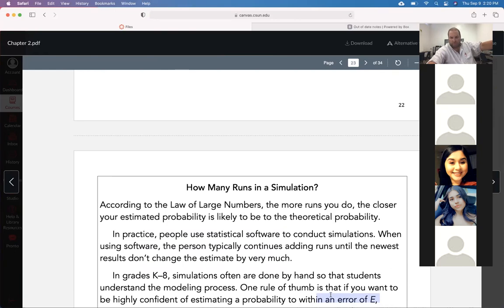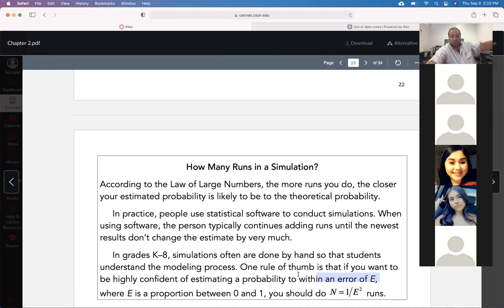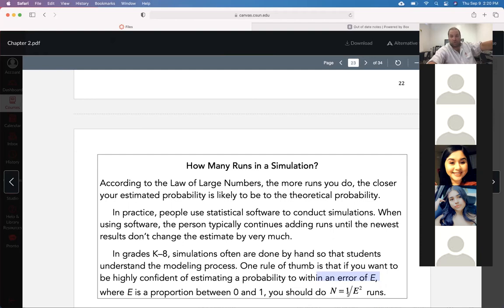0.01. So the rule of thumb says you do 1 divided by whatever error you want, squared. In our case, if I want to be within 1%, I do 1 divided by 0.01 squared. And what do I get? What is 1 divided by 0.01 squared? Take out your calculator.